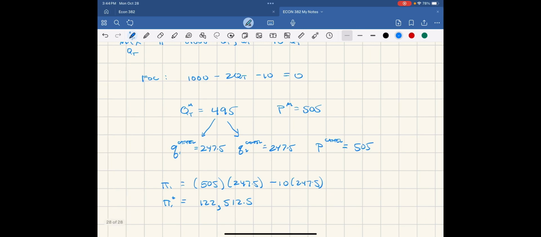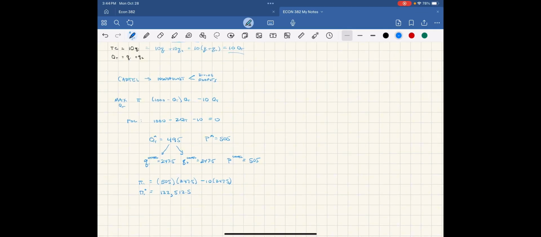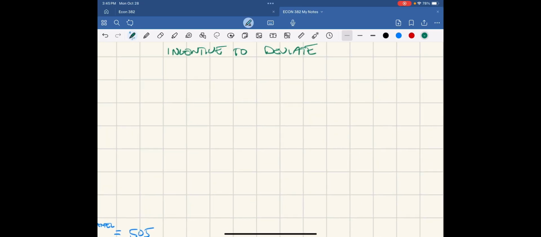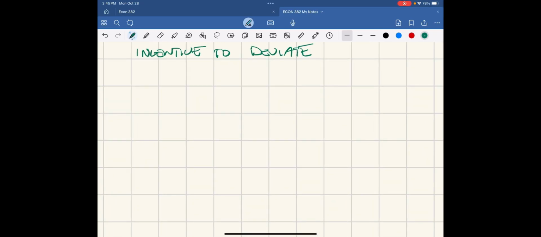But now the question we want to ask is, given this cartel, is there an incentive to deviate? Well, to do this, let's assume that firm 2 is going to produce the coordinated, or the cartel, quantity. So in this case, what is the best option for firm 1?